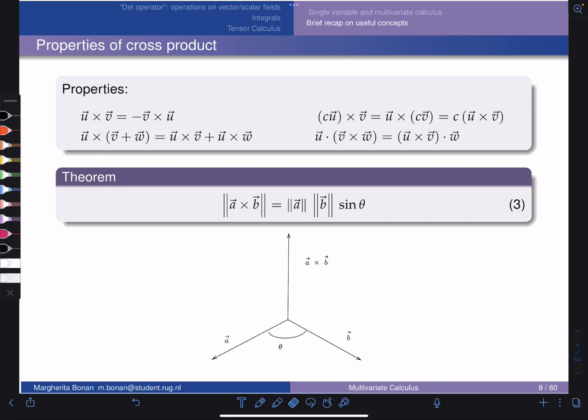We have to be careful that this only indicates the magnitude, because the direction of the vector can be found by the right hand rule, for example. So pointing our index in the direction of A and our middle finger in the direction of B, of the right hand, then our thumb will point in the direction of the cross product of the two.